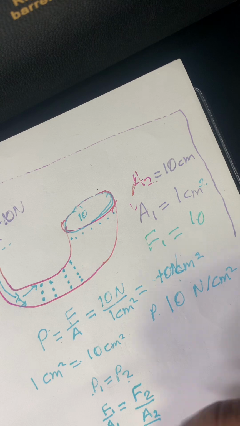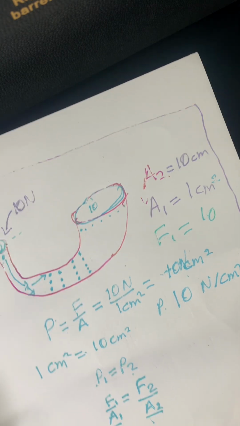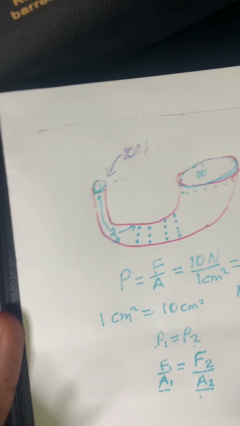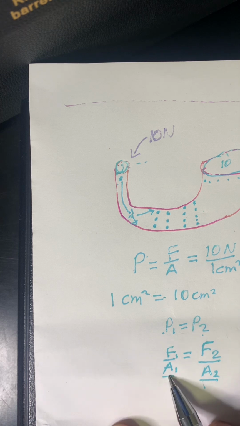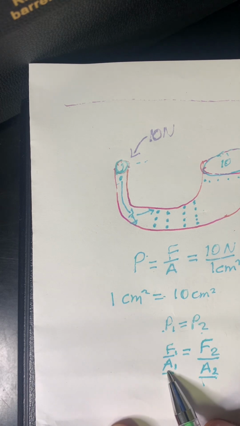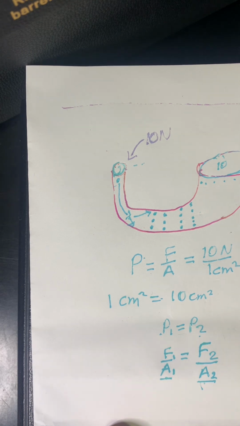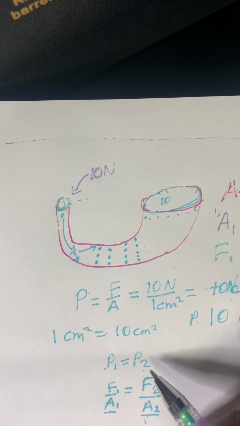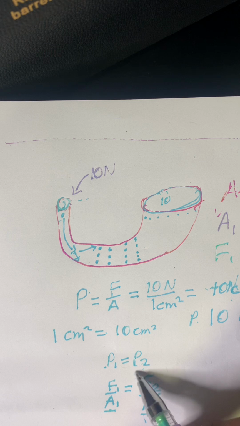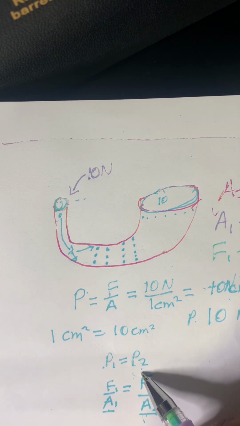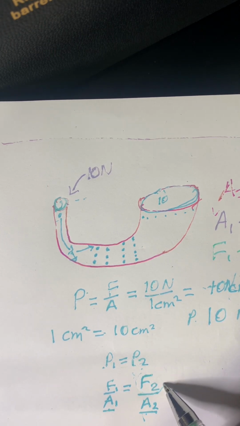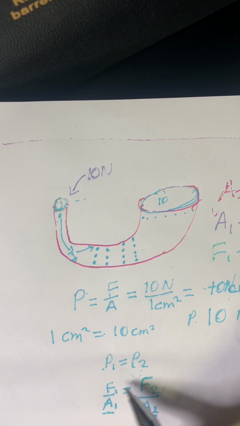Well, what does that tell us about F2? And this is a very common sense question. If this denominator, A1, is much smaller, and this denominator, A2, is much bigger, but the pressure or the value stays the same, that means necessarily that the force has to be much larger too between the two.